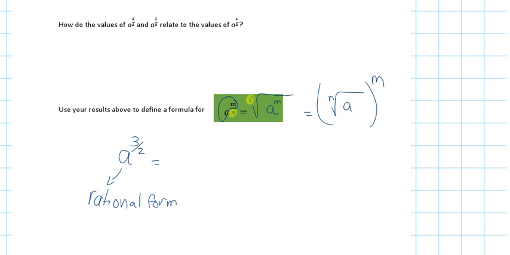So this is called the radical form. So I put my root. What do I put in the root right here? 2, right? Now, I don't have to write the 2 because 2 is the standard form, the default, that's what I meant. And then a to the power of 3. So this is called radical form.